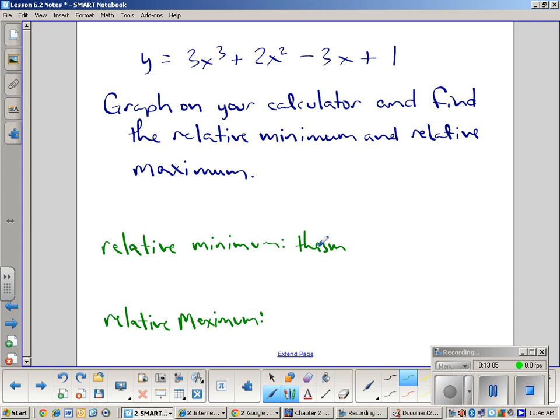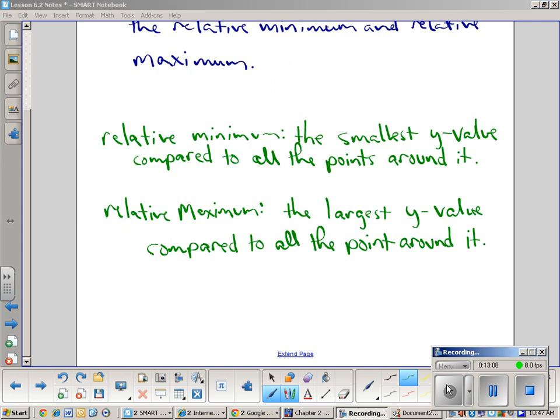So those would be my definitions. I'm sure the book has some fancy technical terms, but I just want you to understand that relative minimums and relative maximums don't mean they are the biggest or smallest point on the graph, unlike in a parabola. We don't have that in this setting.